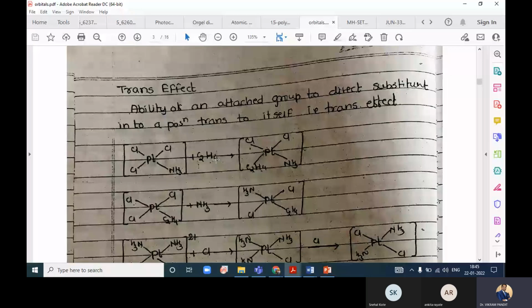Now this product we are getting, why are we getting this product? Because the trans effect of chlorine is more than NH3.